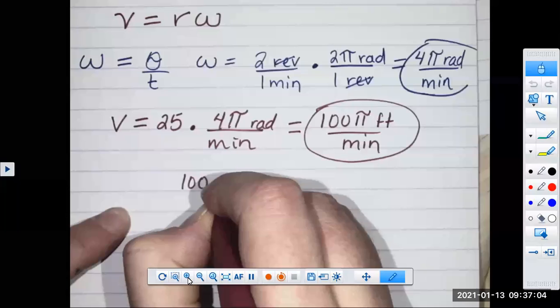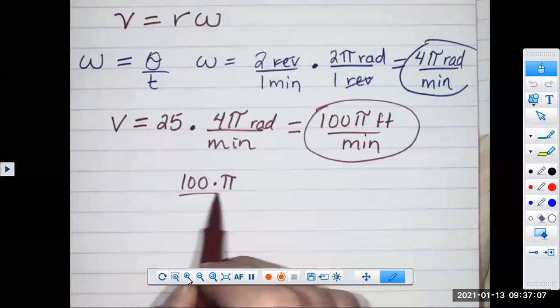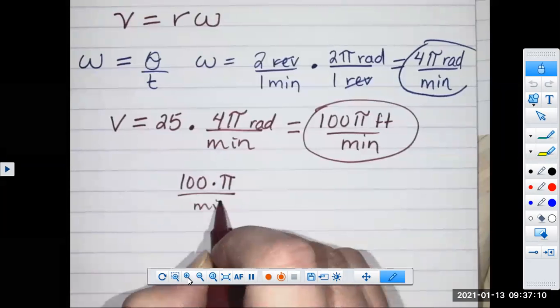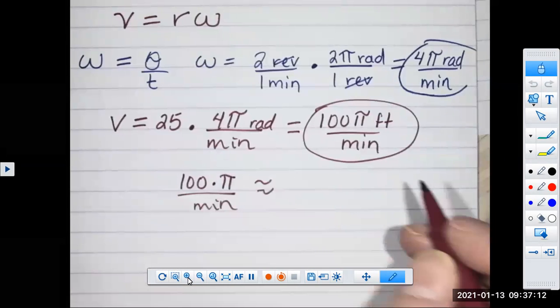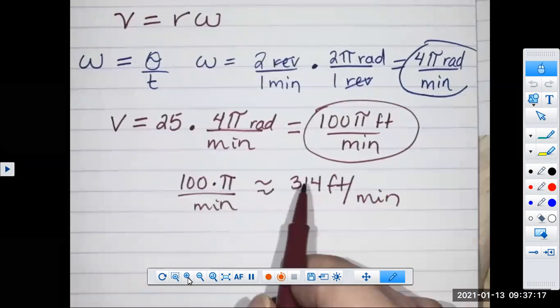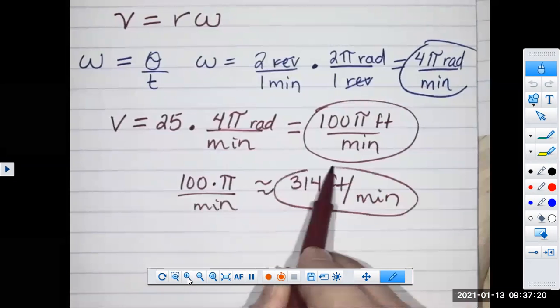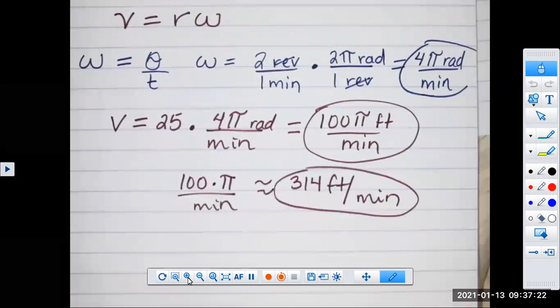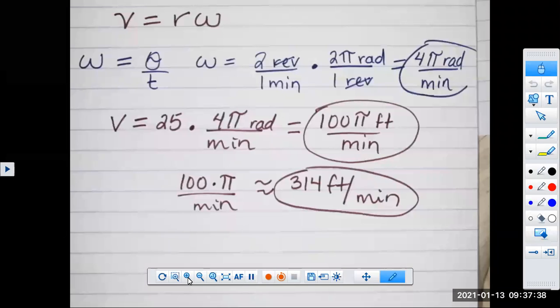Otherwise, you're going to multiply by pi, 100 times pi, and that's divided by 1 per minute, and that's going to give you approximately 314 feet per minute. So if the Ferris wheel broke off of its axle and rotated on the ground, it would travel 314 feet per minute. That would be bad if it did that.